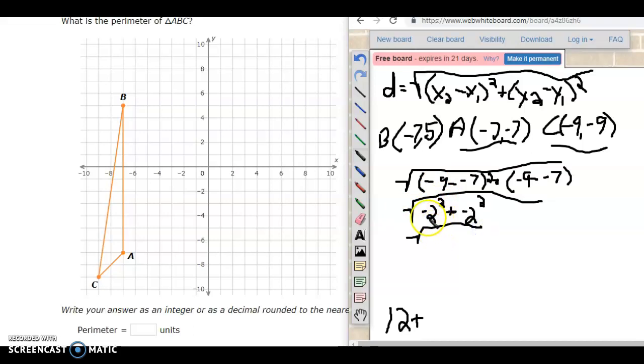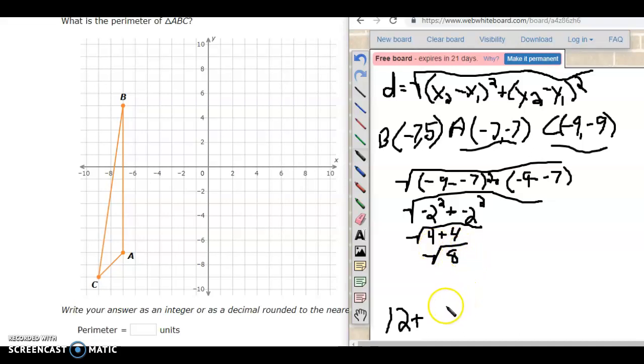I get a +4, plus, over here again, -2 times -2 is a +4. 4 plus 4, I get a square root of 8.